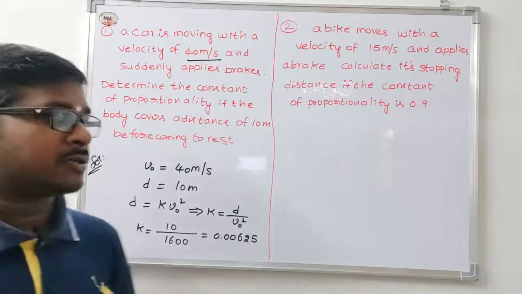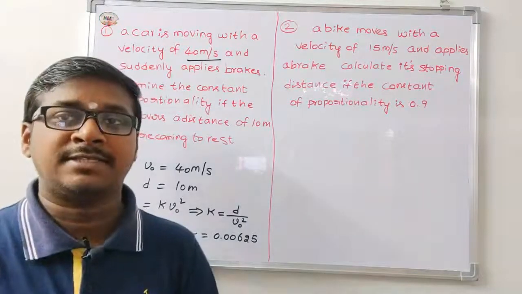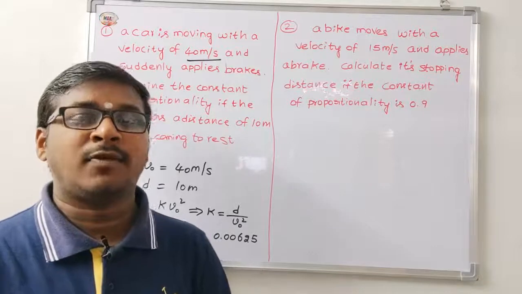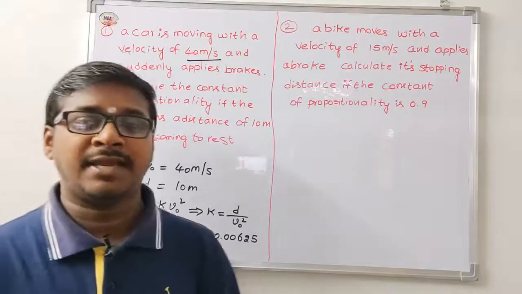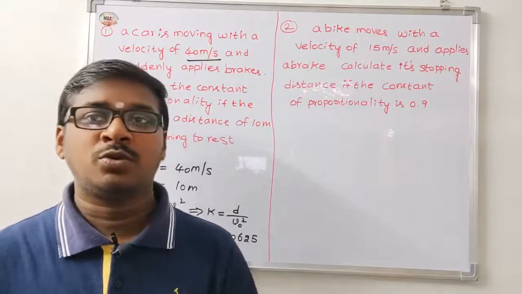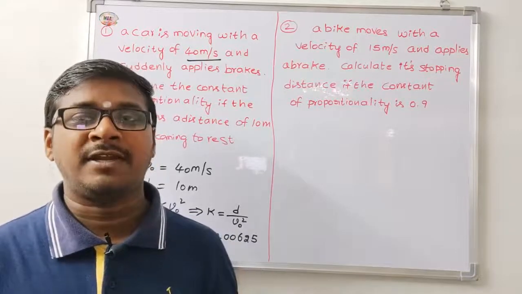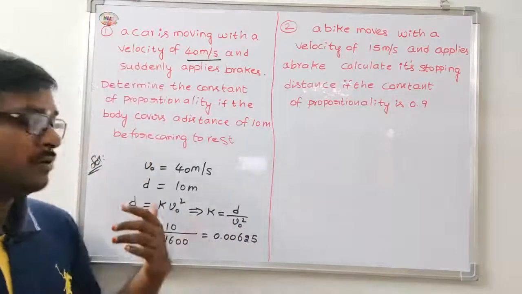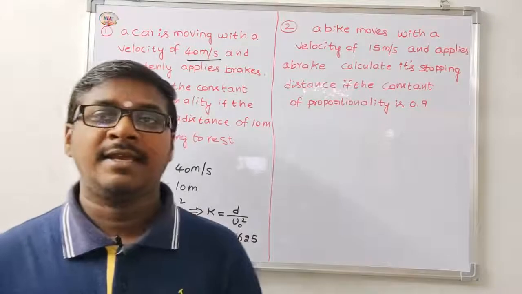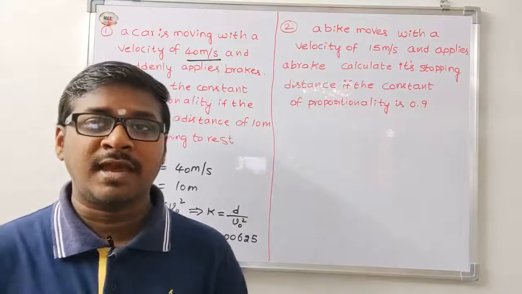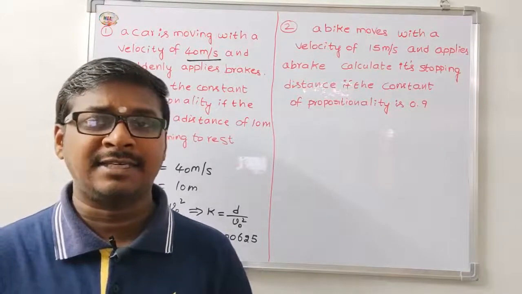In the formula, stopping distance ds is equal to v0 square by 2a. The stopping distance d is directly proportional to the square of the initial velocity.